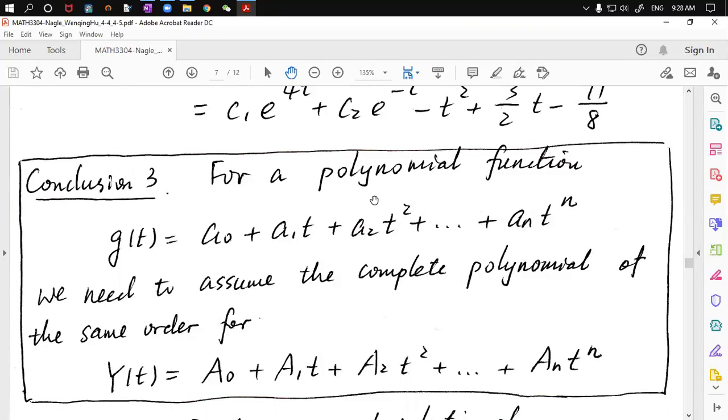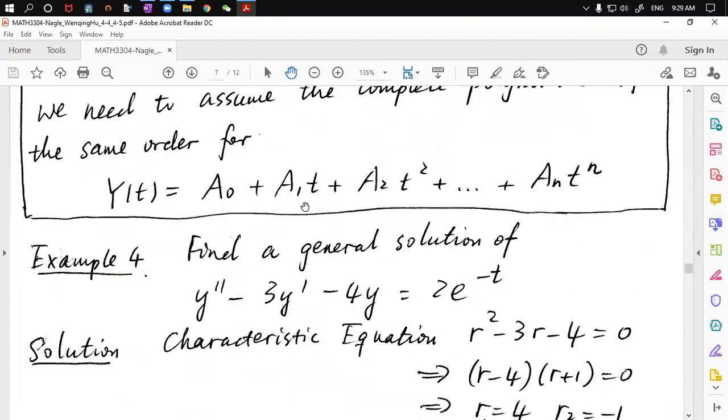So sine and cosine should appear together. Then we tried another form, which is the polynomial function, and we said that if you have a polynomial, you should try the same order polynomial, right? So you never decrease the order of your polynomial. So that's the 3 conclusions.